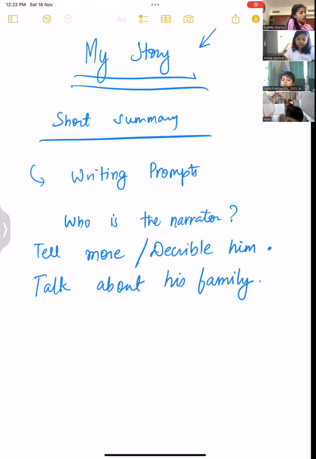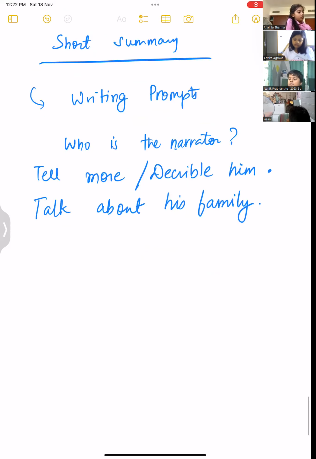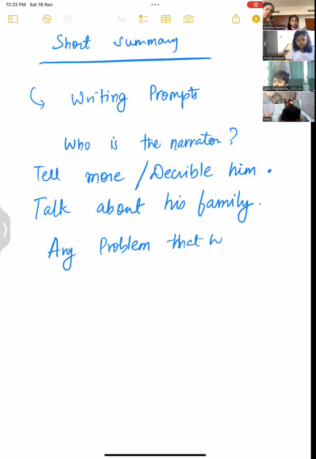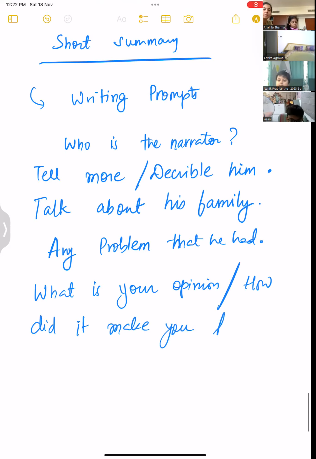Non-fiction story, because it's a real story, an autobiography. Okay. Talk about his family, any problem that he had. What is your opinion, how did it make you feel?